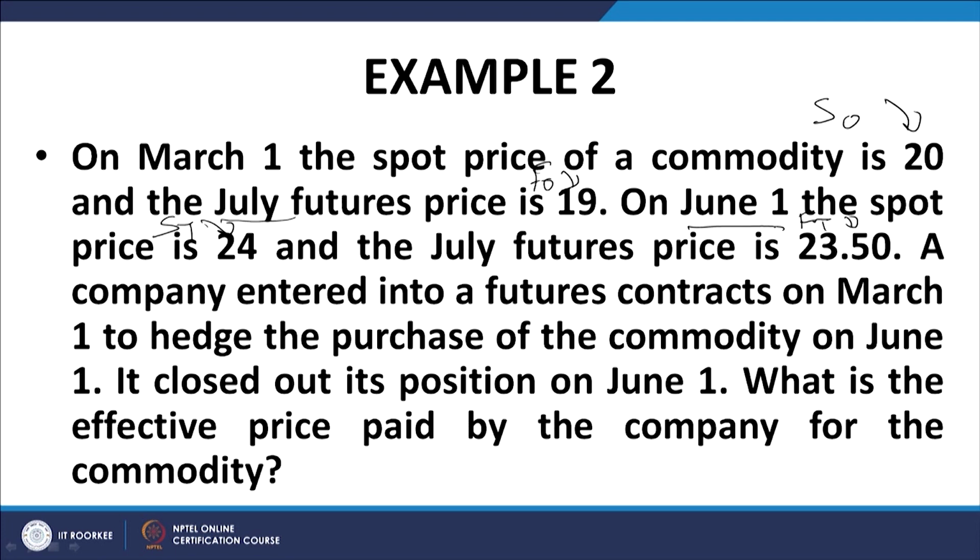So, a company entered into a futures contract on March 1, that was T equal to 0, and closed out the position on June 1. What was the effective price paid by the company for obtaining the commodity?